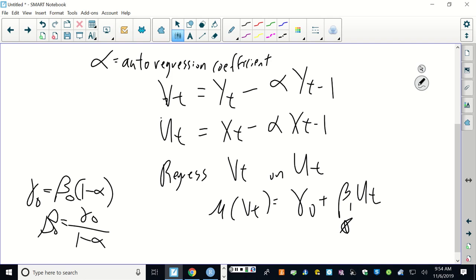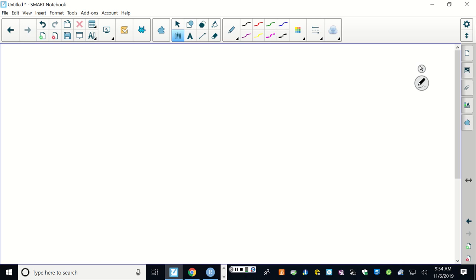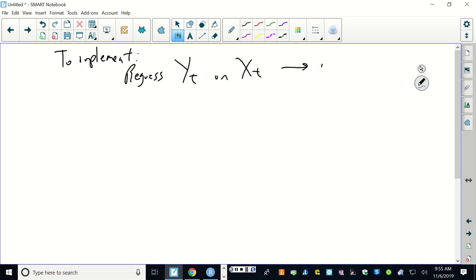So to implement it, we're going to regress y on x, and get the residuals from this. Right? And we're going to calculate C1, which is 1 over n minus 1, the sum t going from 2 up to n of the residual at time t times the residual at time t minus 1.